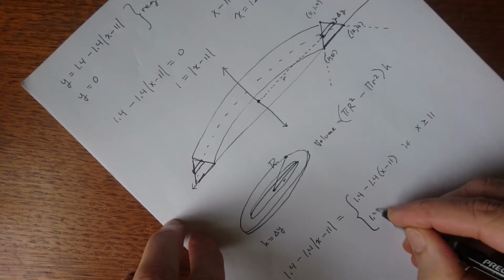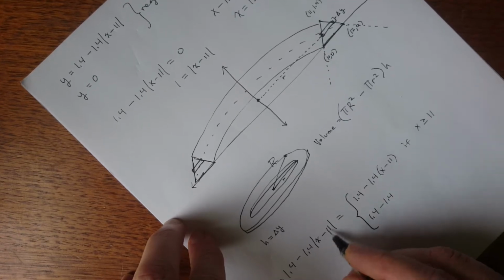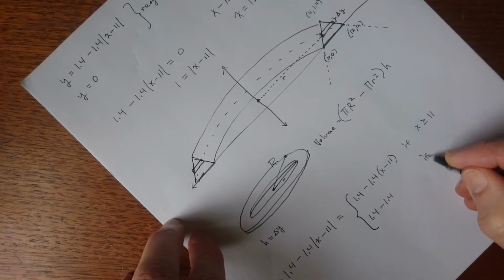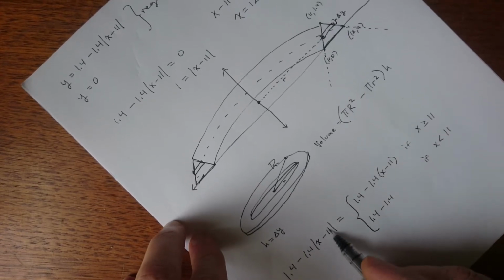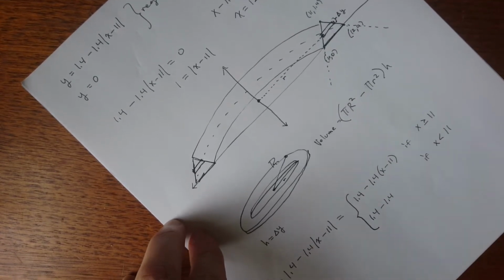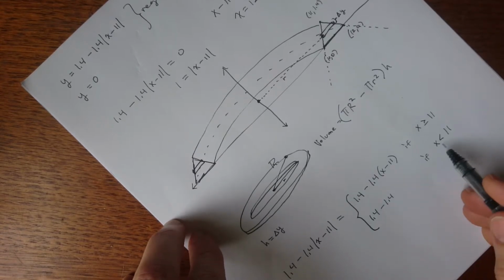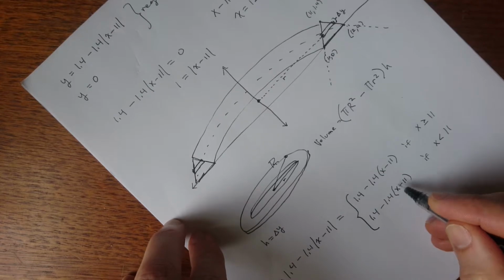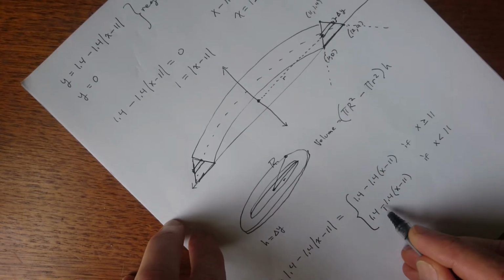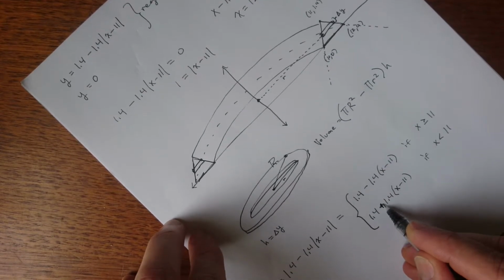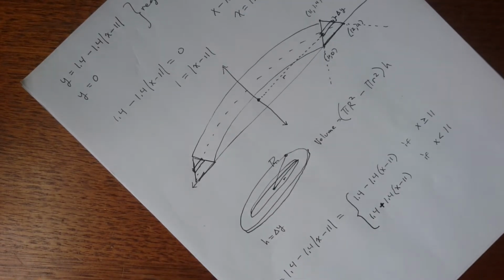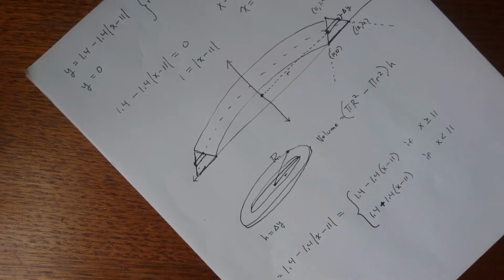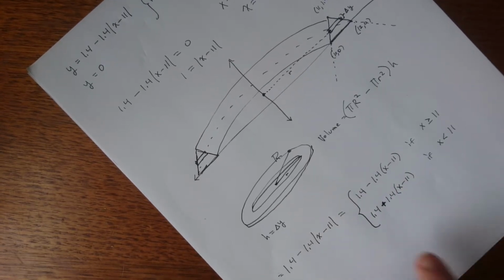On the other hand, if x is less than 11, this x minus 11 will be negative and absolute value will multiply it by a negative. I'm going to put that multiplication of a negative into that minus there and make it a plus. I think that's the simplest way to write it. You could leave that as a negative and write this as 11 minus x. That works too. I like to just throw that plus there.